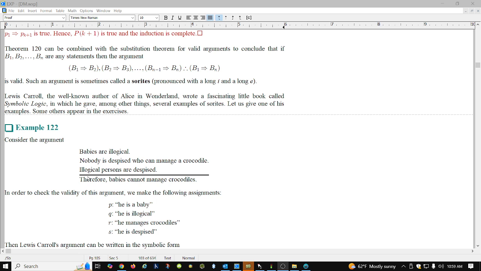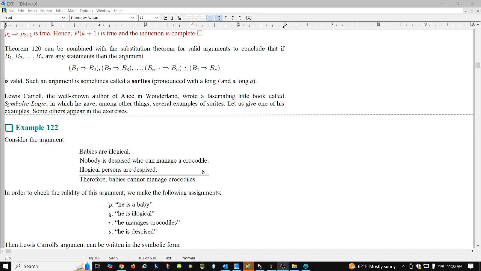Here is one example. Babies are illogical. Nobody is despised who can manage a crocodile. Illogical persons are despised, therefore babies cannot manage crocodiles. It's worth thinking about this one too.